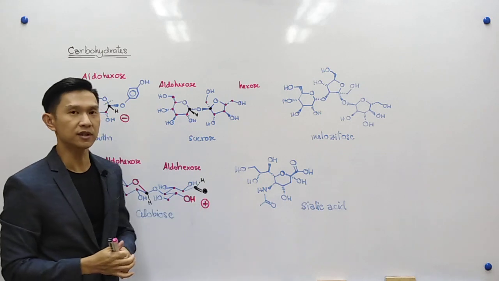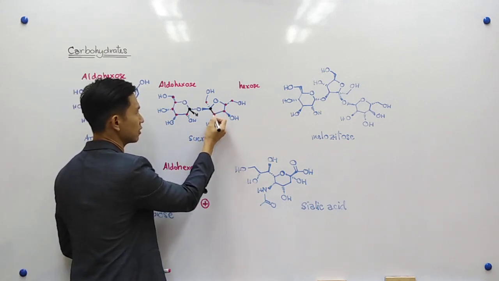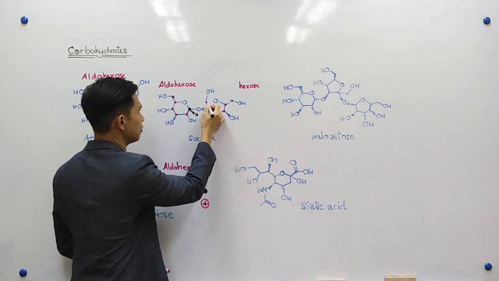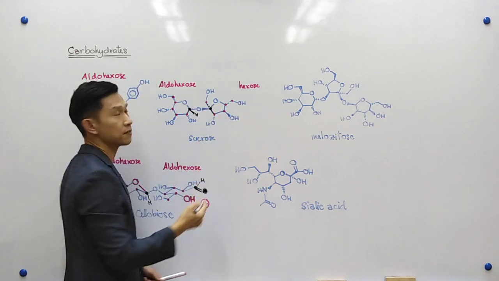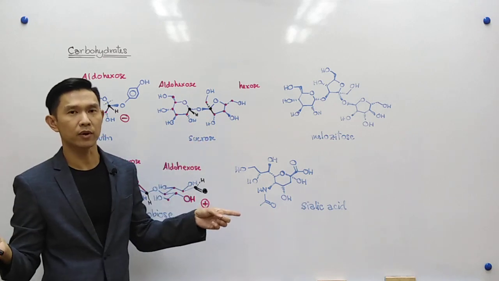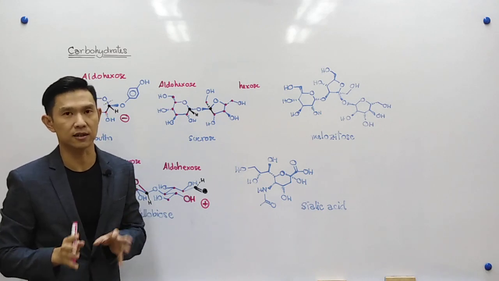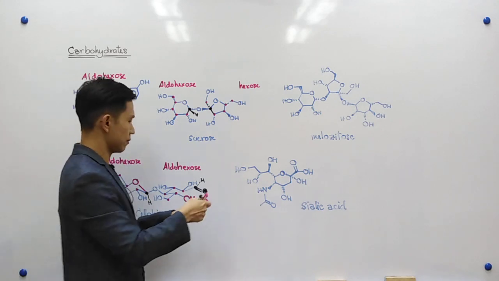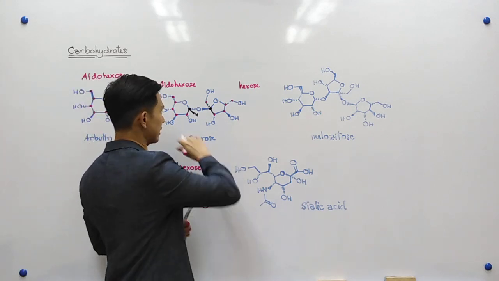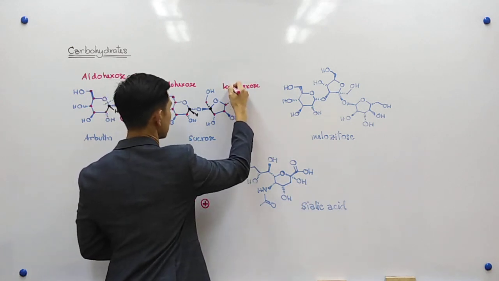If you look at this glycosidic carbon, it is attached with a carbon and also another carbon atom over here. So the glycosidic carbon atom is attached with carbon atoms on both sides. So this has the character of a ketone. That means this right hand ring is formed from a ketose sugar.